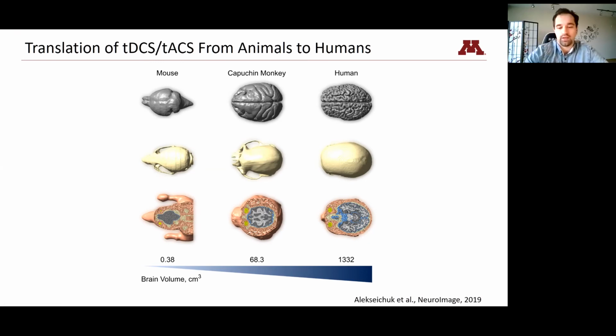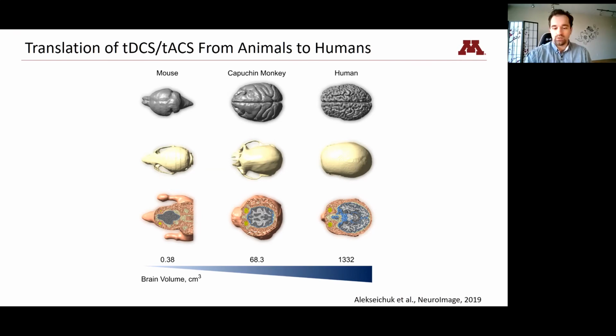Computational modeling can help you with that, because you can model conditions that you would like to explore in humans and then make a similar model in animal and see what parameters you need to tweak to maximize comparability on the level of the electric fields in the brain.